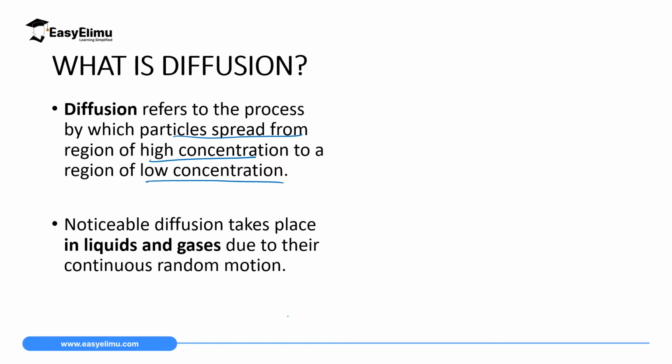For us to have diffusion, we must have particles which can move. Those are liquids and gases only, since solids only vibrate within their fixed positions. So diffusion takes place only in liquids and gases.